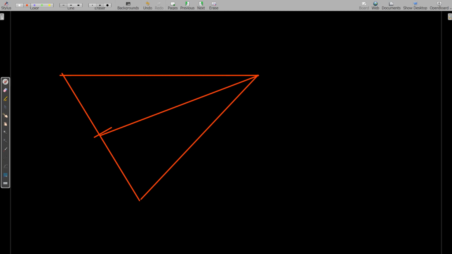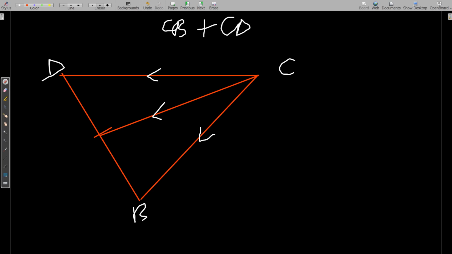So I have my B here, my D here, and my C, and I have CF. That means going this way, CF, CB, CD, because in the resultant equation I have a CB plus a CD somewhere, and I want to get this in terms of something.